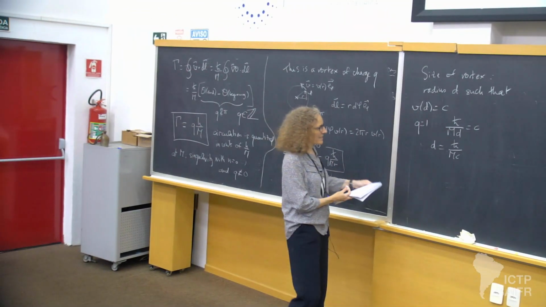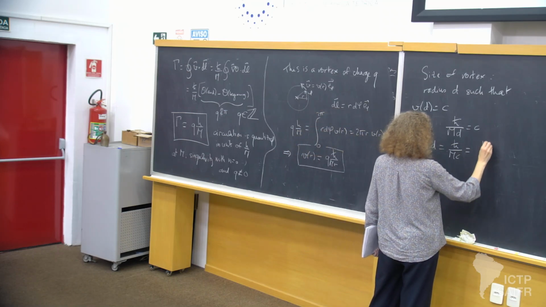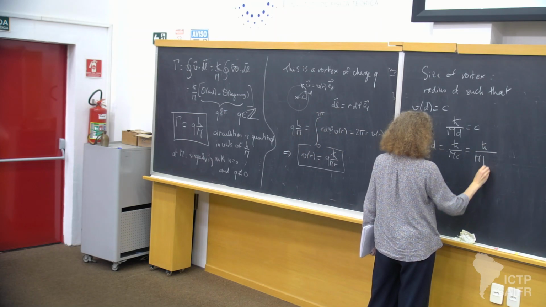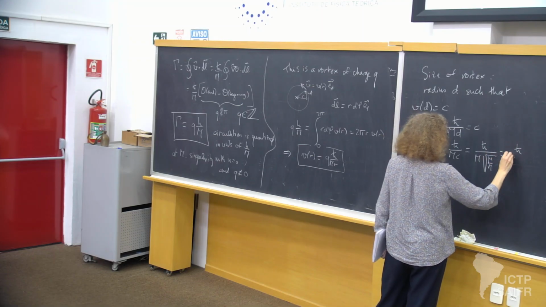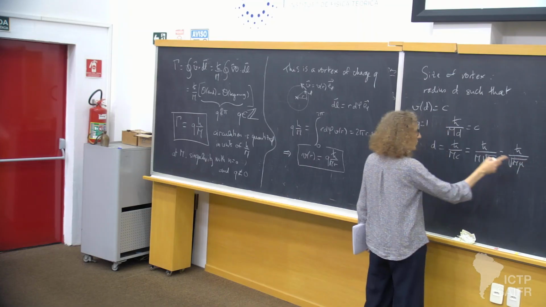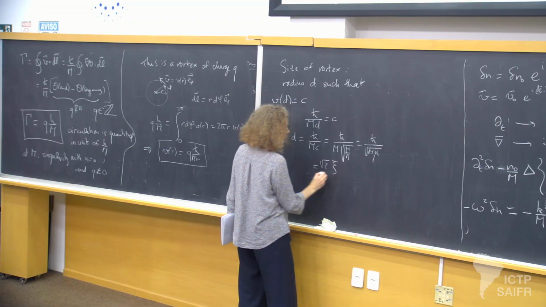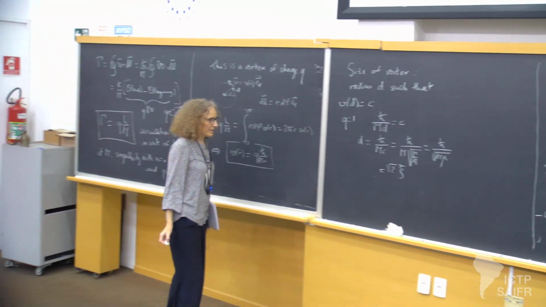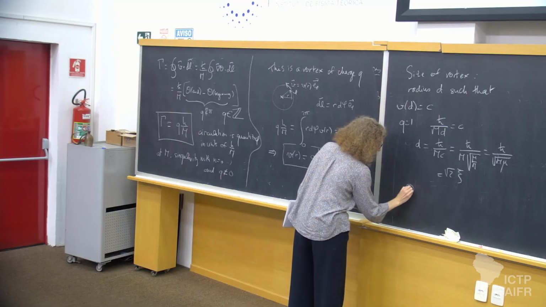And in fact, this is xi, because if I replace c by its value, square root of mu over m, I find that this is h bar over square root of m mu. And this one is square root of 2 xi. So this is a good order of magnitude. So the size of a vortex is of order xi.